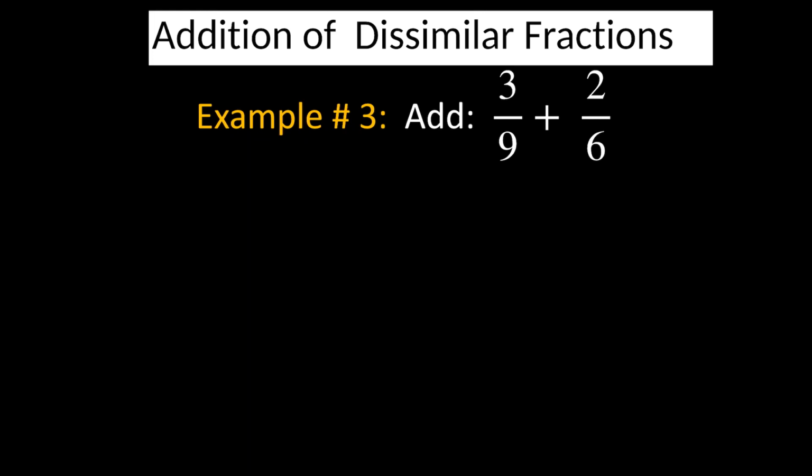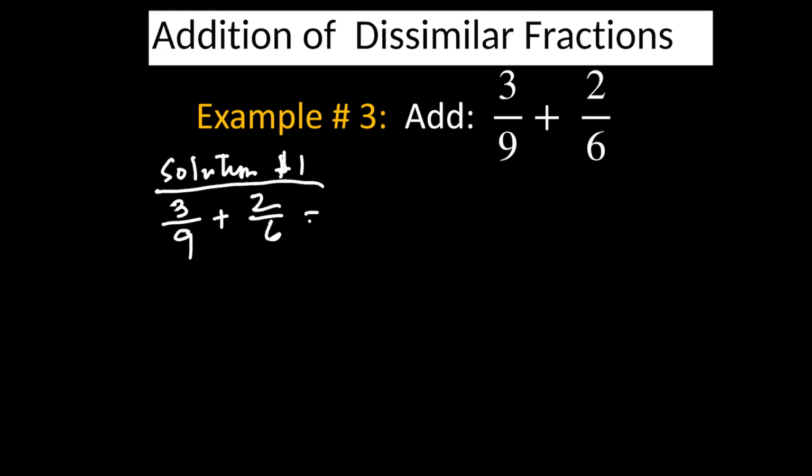Let's have the third example: 3 over 9 plus 2 over 6. Using again the first method, let me call this again solution number 1. So we have 3 over 9 plus 2 over 6.